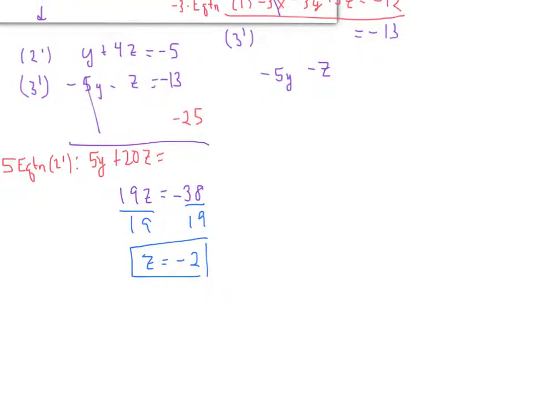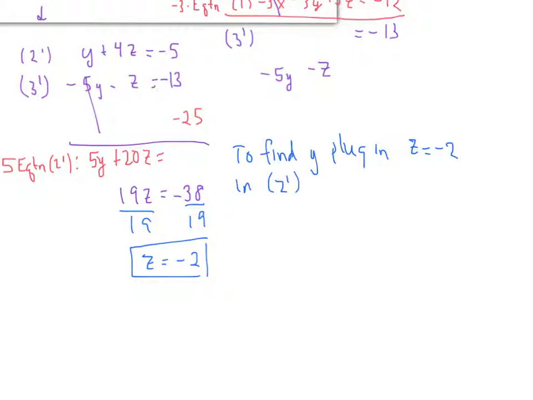And so now I need to find what y is. To find y, I'm going to use one of the two new equations. I think this one's the easiest one here. So to find y, plug in z equals -2 into 2 prime.